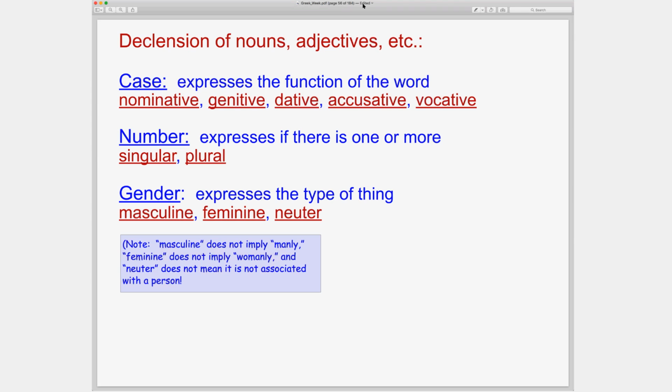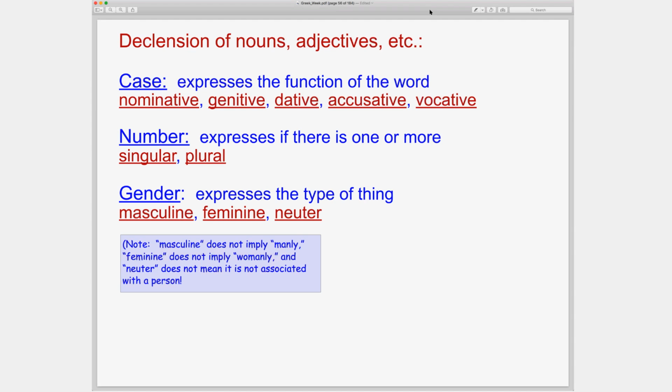Some people try to jump to the idea that the gender inflection of a word gives them some indication of the gender it's associated with, meaning man, woman, or it. And that's not the case, not necessarily anyway. But you have to look at the context there.